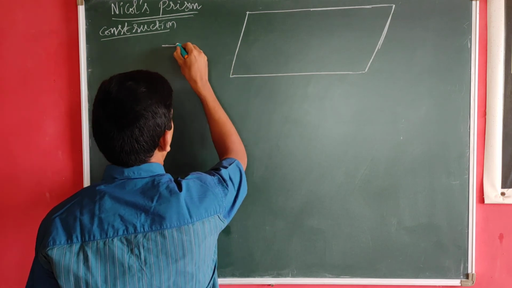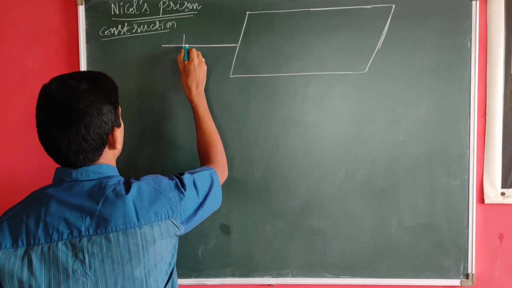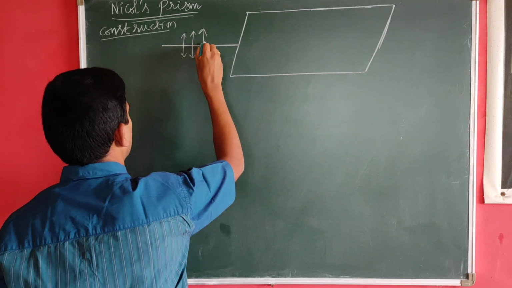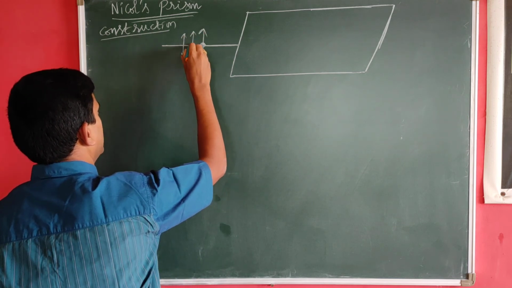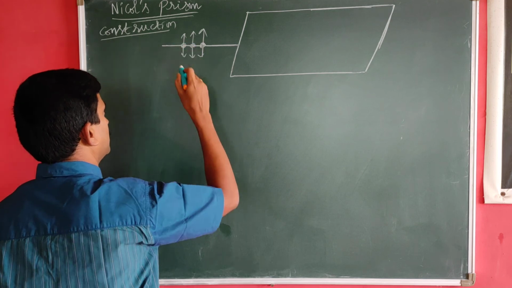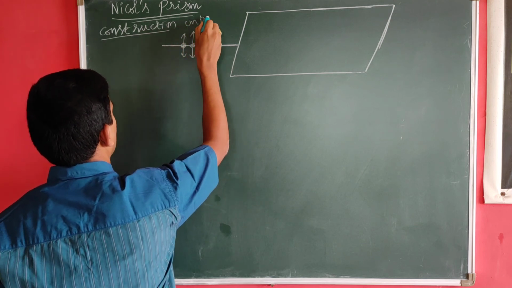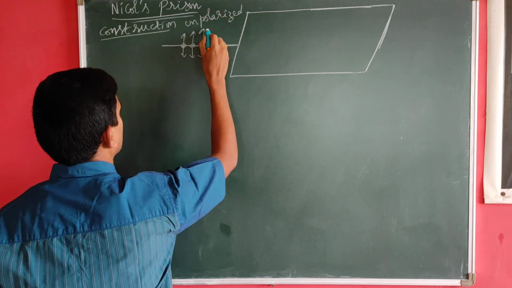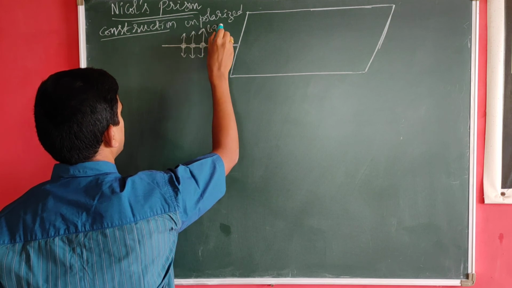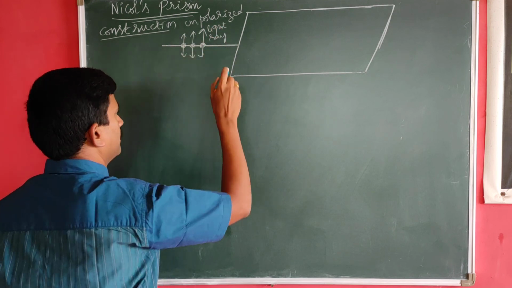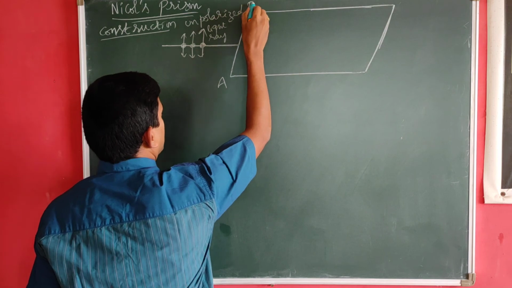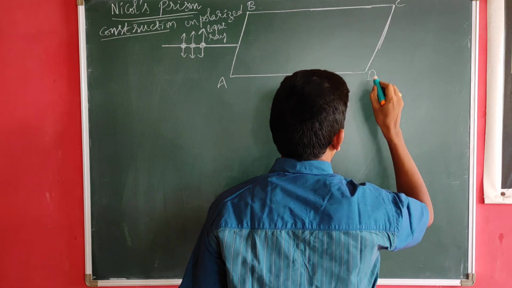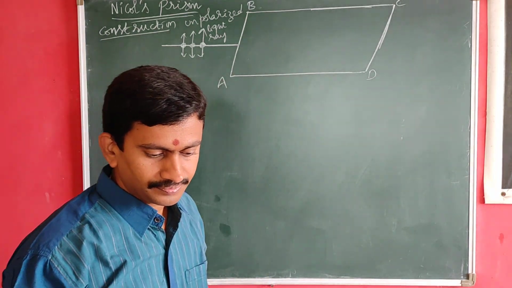Let AB be the unpolarized light ray. I represented this unpolarized light ray with two components, one horizontal component and the other a vertical component. It is an unpolarized light ray. AB is one end face, CD is the other end face of the crystal.